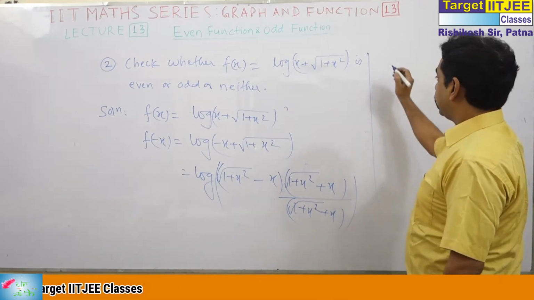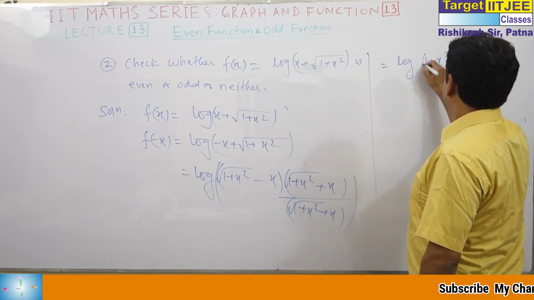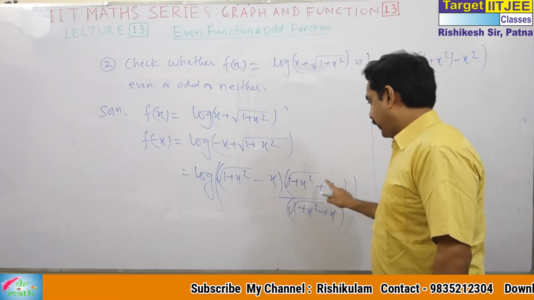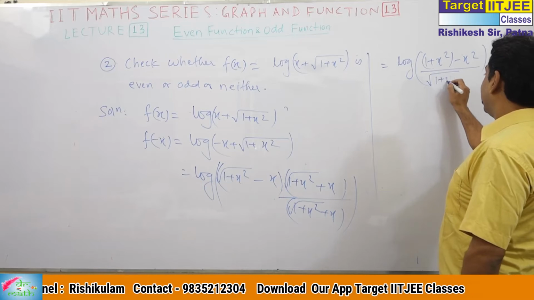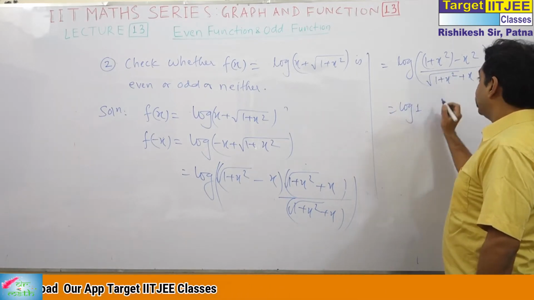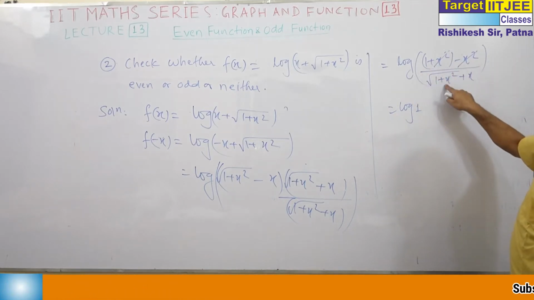This is actually log of (1 plus x square minus x square). Using a minus b into a plus b, the denominator is 1 plus x square plus x. This is log 1, x square cancels. And what is log m by log n?